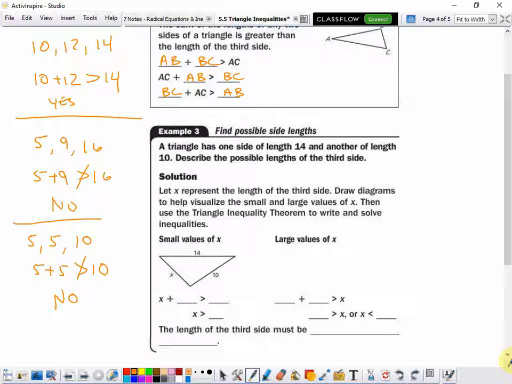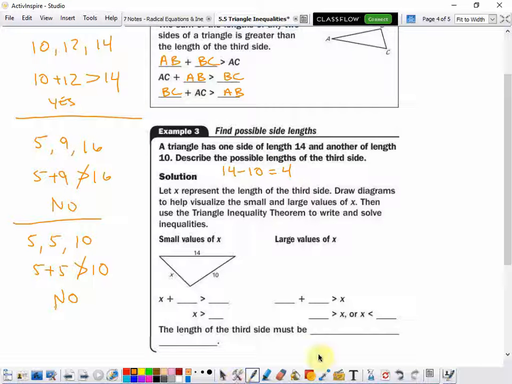Now a triangle has one side of 14 and another that's 10. Describe the possible lengths for the third side. That third side can't be just anything. That third side has to fit within this idea that the two shortest have to add up to something longer than the third side. So here's how I can find possible values for that third side. 14 minus 10 is 4.